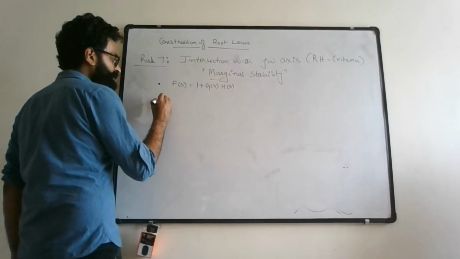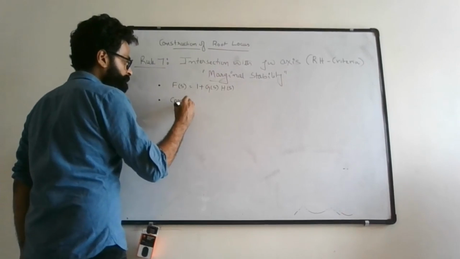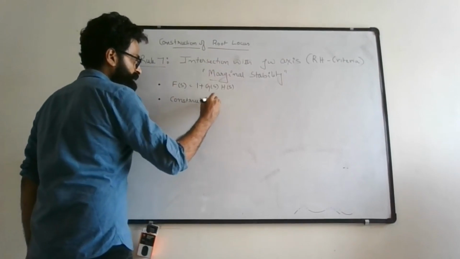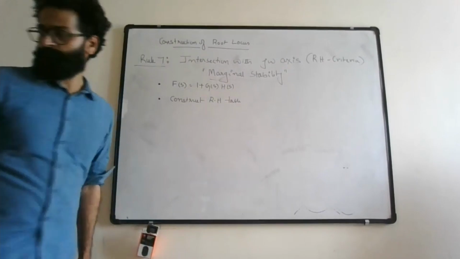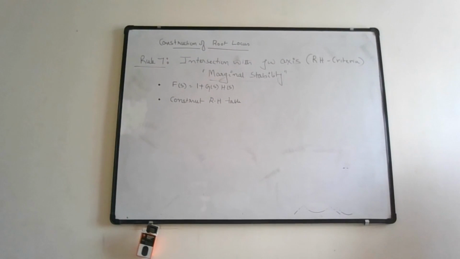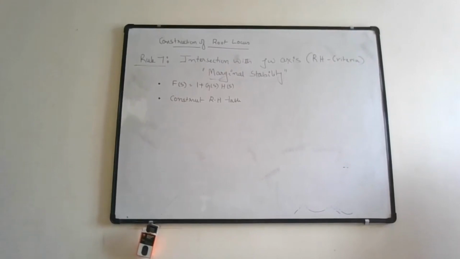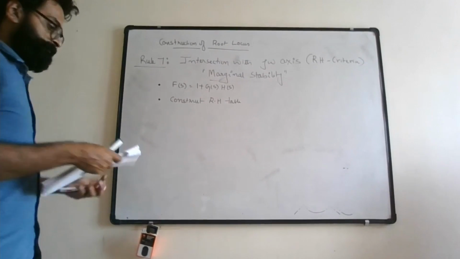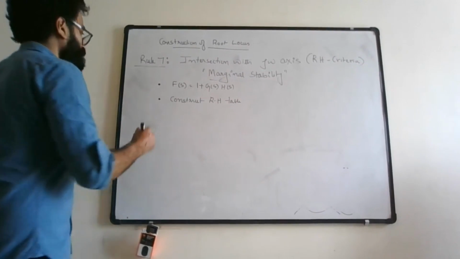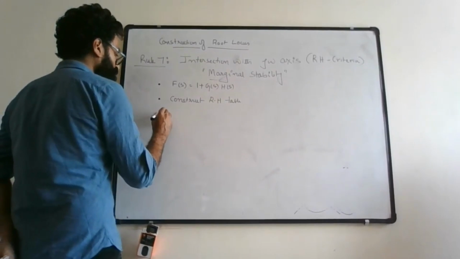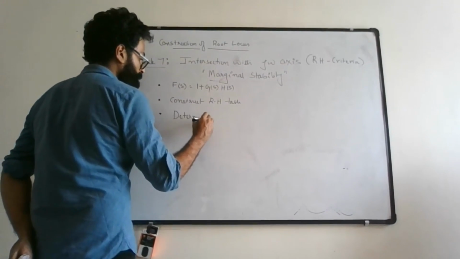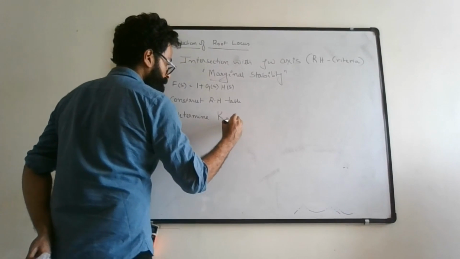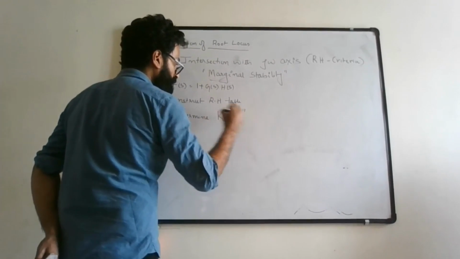Once you have the characteristic equation, you need to construct the RH table, and from the RH table, determine K marginal or K mar.